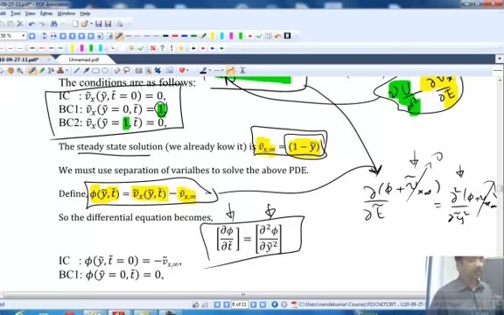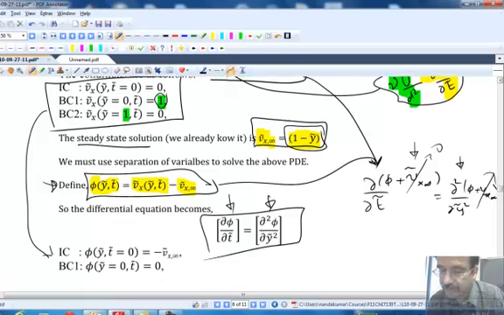Of course, we need to subject these boundary conditions also to the same transformation. Whenever we define a transformation, we subject all our original equations, boundary conditions, initial conditions, etc. to the same transformation. So when you take, for example, Vx is 0 at t equals 0, what is phi at time equal to 0?